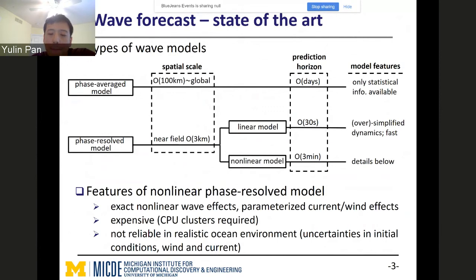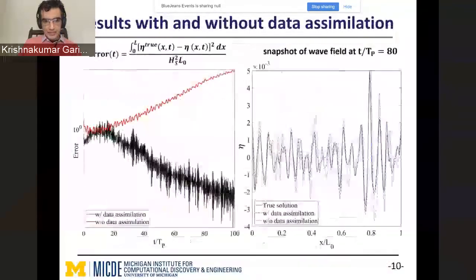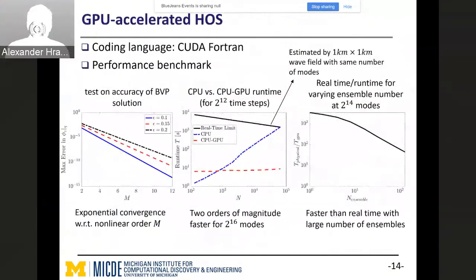I see there is a question from the attendees. Alexander Gainko asks, when comparing CPU and GPU performance, was the CPU single or multi-core? Maybe Alex knows the details of the CPU. Yes, it was a single core program.